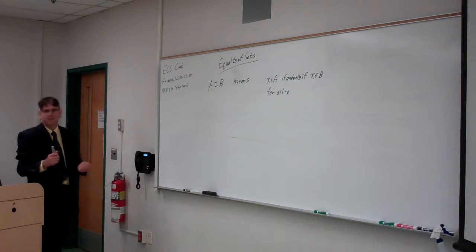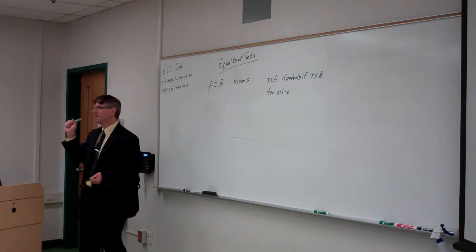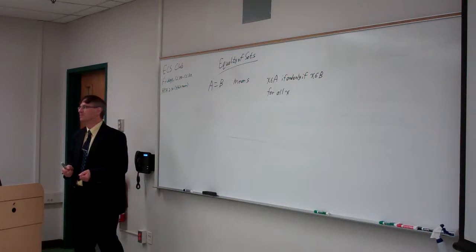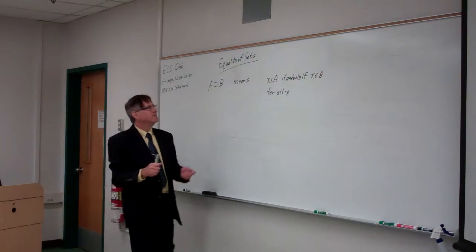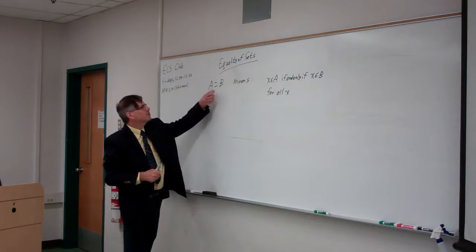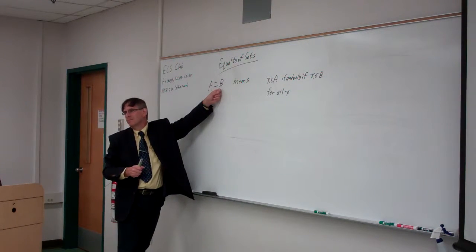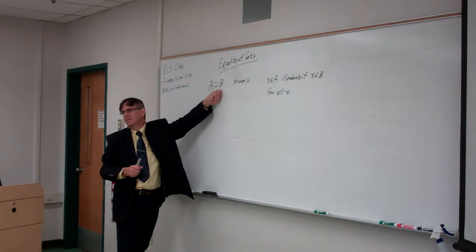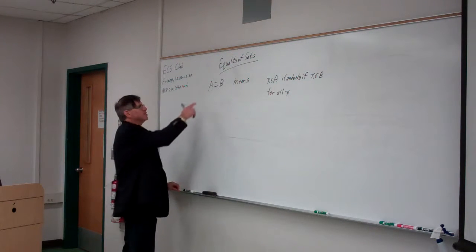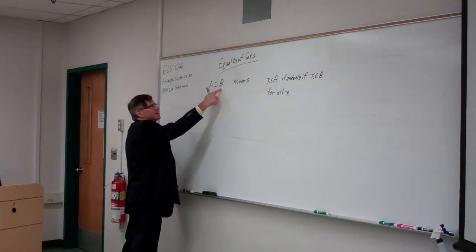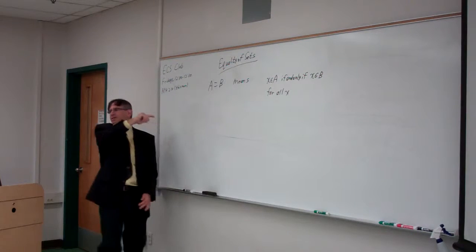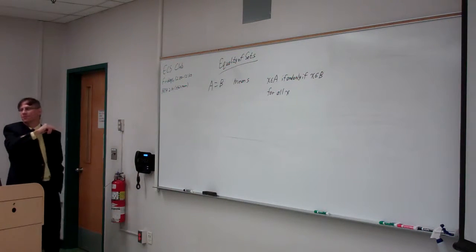So to say two sets are equal means that for any object I pick, member of set, not member of set, any object I can think of, it's contained in here if and only if it's contained in here. If and only if means if it's contained in here, it's contained in here, and if it's contained in B, it's contained in A. We'll use if and only if a lot.